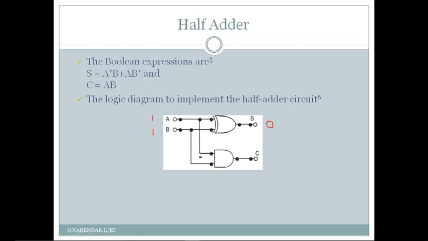These two are also the inputs for the AND gate, and when both inputs are 1, the output of the AND gate is 1. You can see that the circuit adds 1 with 1 and produces 10. The result is 10, where 1 is the carry and 0 is the sum.